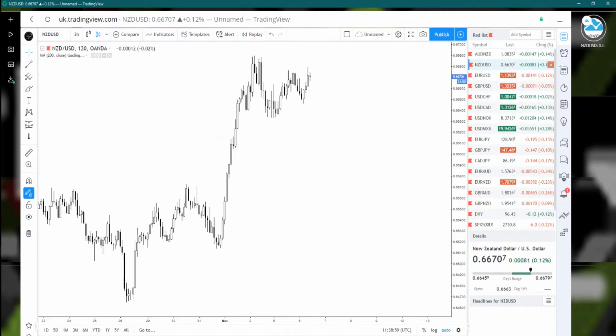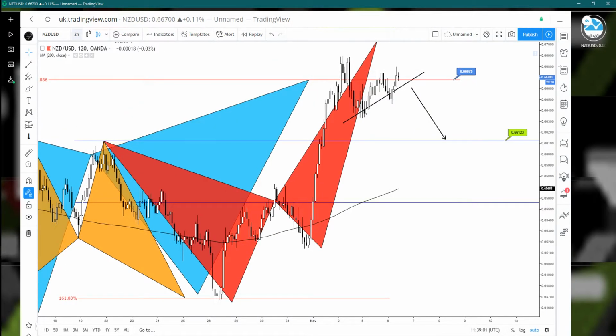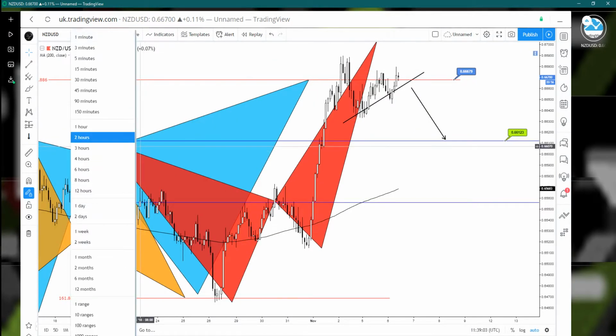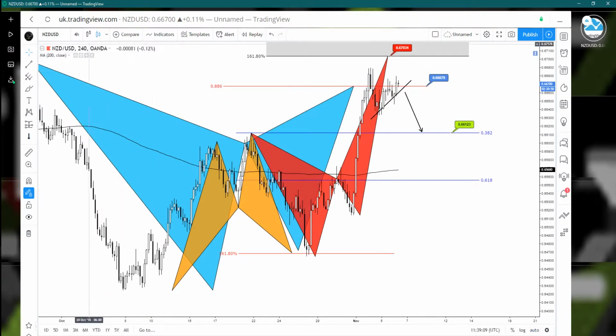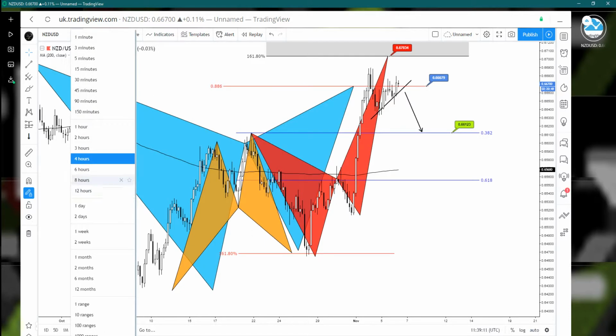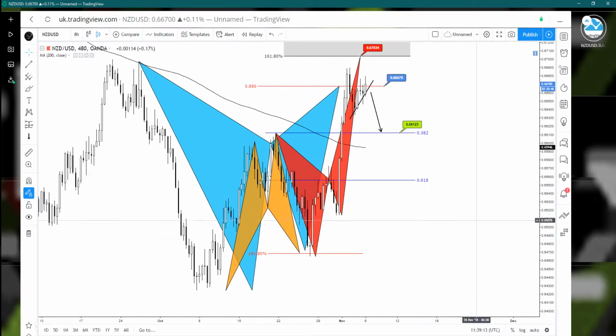New Zealand versus dollar. And New Zealand versus dollar, this is also a 2 hours time frame chart. I will change into a 4 hours time frame. Actually, I will increase this a little bit into a 8 hours time frame chart.